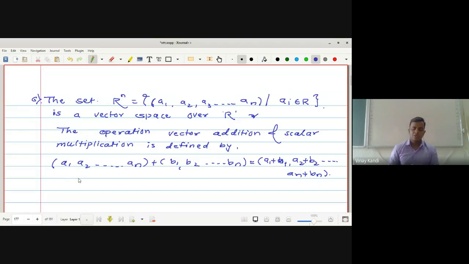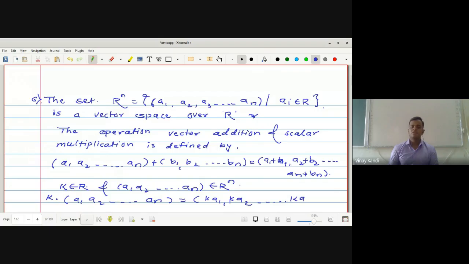And what is the scalar multiplication? If k belongs to F, and this is an element from the set Rn, then k into A1, A2 up to so on An is equal to k A1, k A2 up to so on k An.